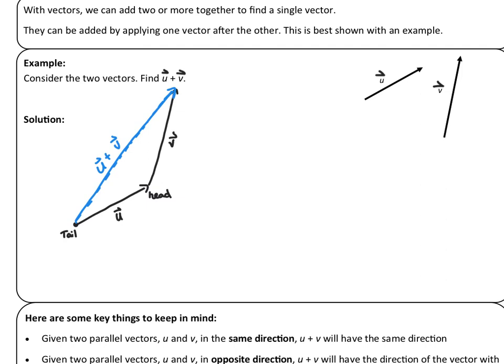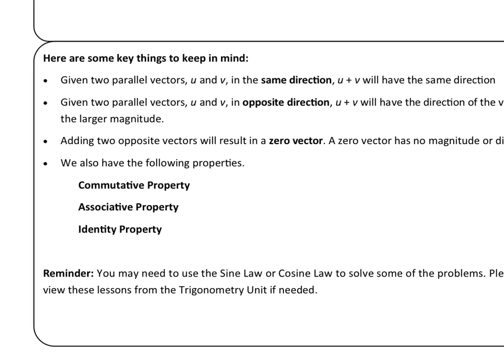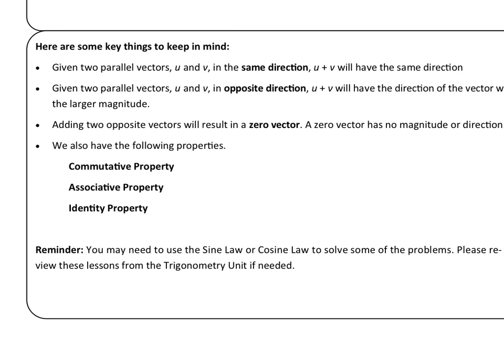There's a couple things that we need to keep in mind when we do this. If the vectors are parallel and in the same direction, then u and v will have the same direction. So that's like if u is here and v is like this, same direction, all you're going to do is make it longer. So that's u and that's v.